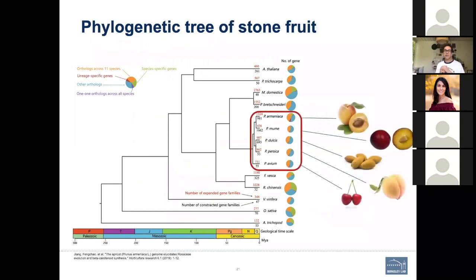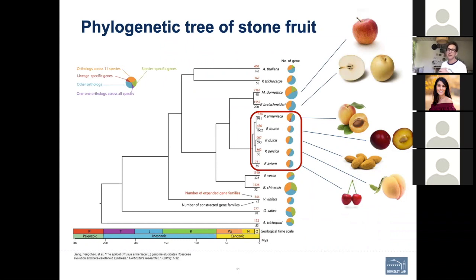So here's a phylogenetic tree including some of the prunus species of plant, which includes apricots, plums, peach, cherry, almond, and they're also quite closely related to apples and pears. And so you can see how things you're used to encountering every day and eating are actually related phylogenetically.